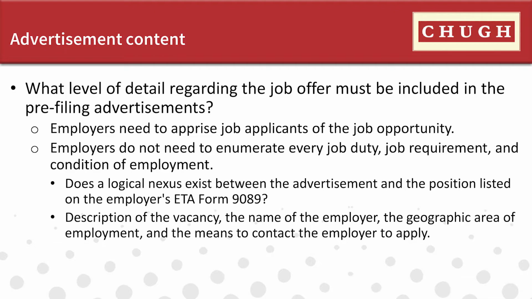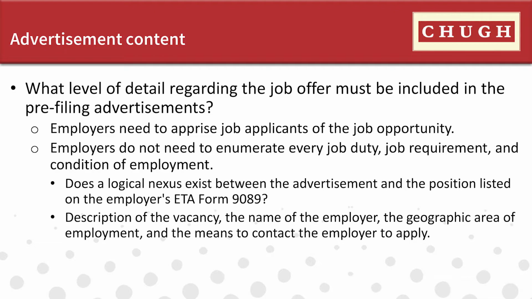So what does that consist of? What's a logical nexus? Some of the things that must be there in the PERM ads are a description of the vacancy, the name of the employer, the geographic area of employment, and the means to contact the employer to apply. As you can see, the job requirements, education, and experience required for entry into the role: does that have to be there? Not necessarily.